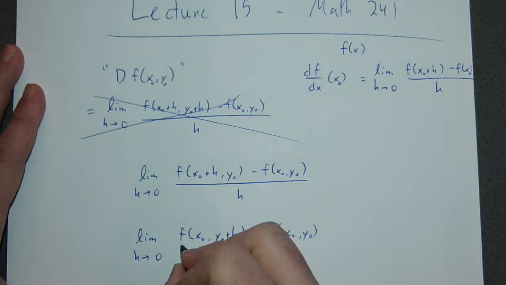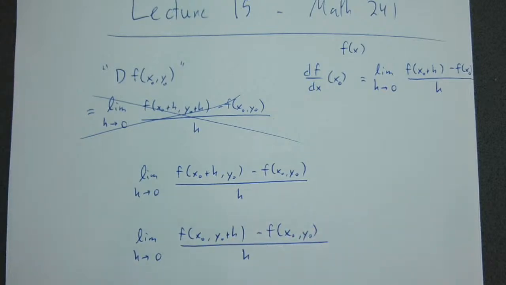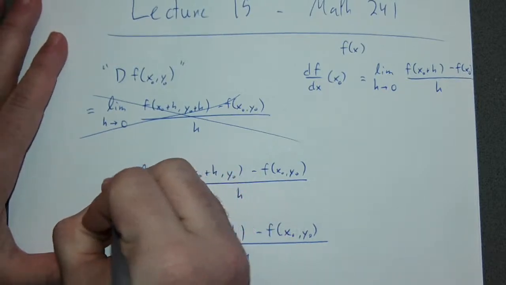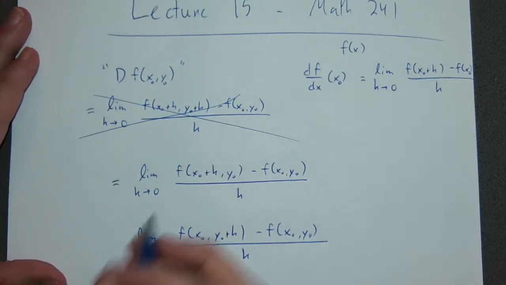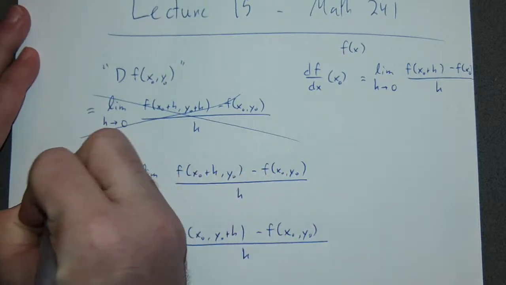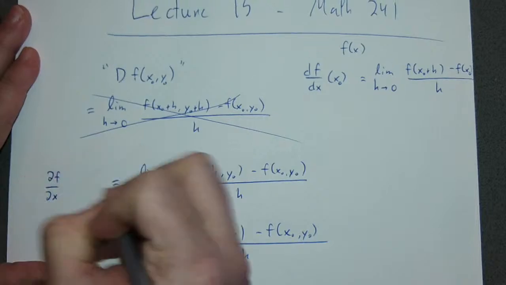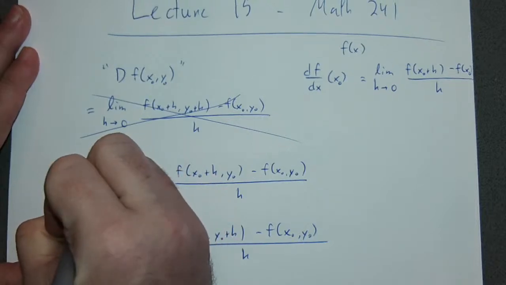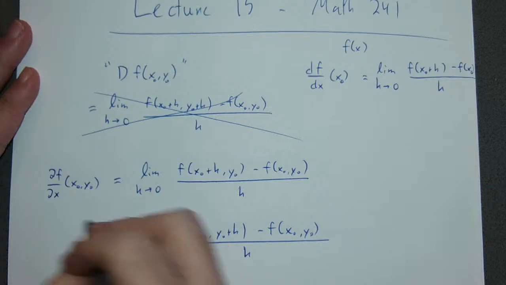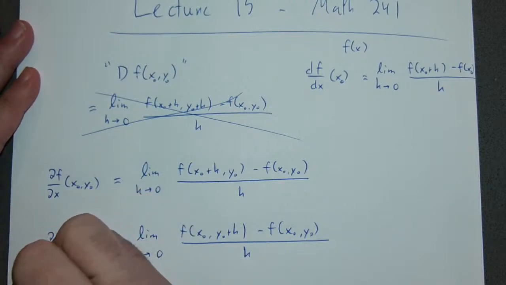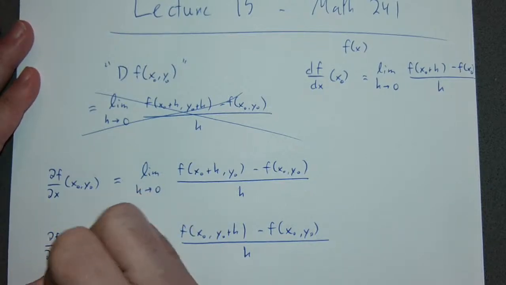And so mechanically, what is going on here? I'm actually having to do two computations: a computation for this first slot, and then a computation for this second slot. What are these things called? These things are called del f del x at x naught, y naught, and this second one is called del f del y at x naught, y naught.